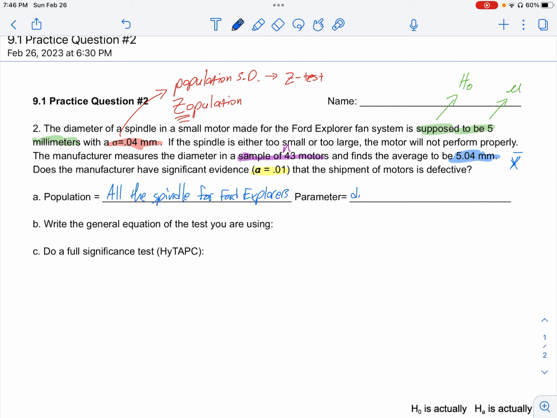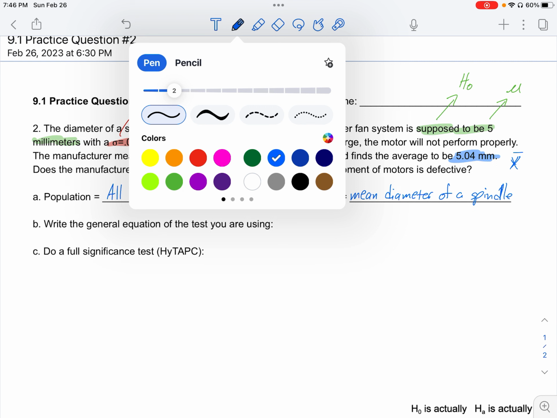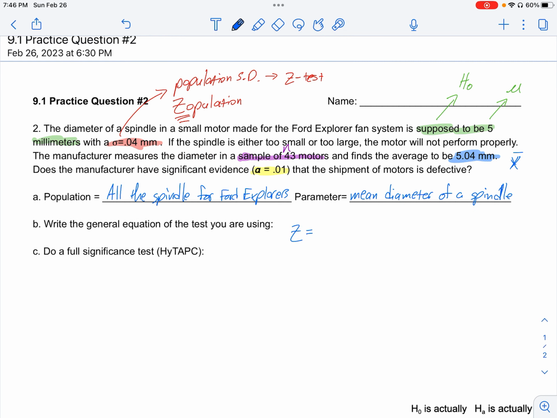I should say that it is the average diameter, the mean diameter of a spindle. And the general equation that we will be using is we will be getting a z-score using x bar, subtracting mu, and dividing by the standard deviation of a sample of this size. So that's the formula.